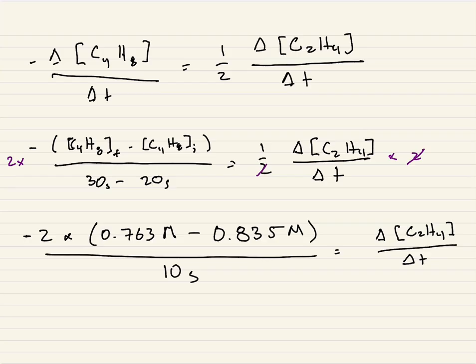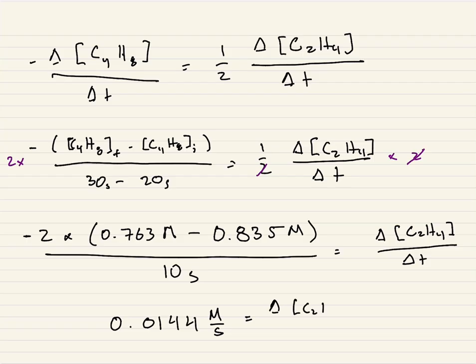And so when you plugged it in, what did you guys get for your answer? 0.0144, and the units are molarity per second. Units are always important, otherwise the number is meaningless.